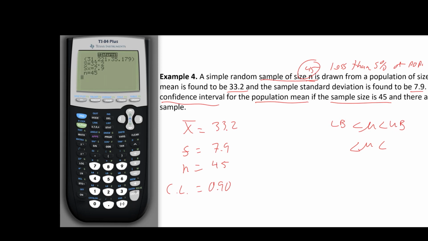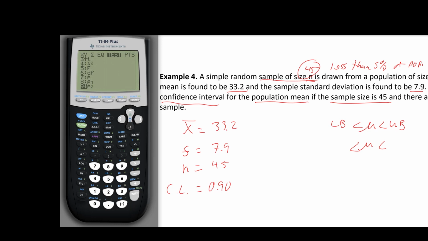Now, if your homework asked for more decimal places than those, these values are stored in your calculator. I do want to show you where that's found. Go to VARS, then go to statistics, then all the way over to test, and go all the way down.